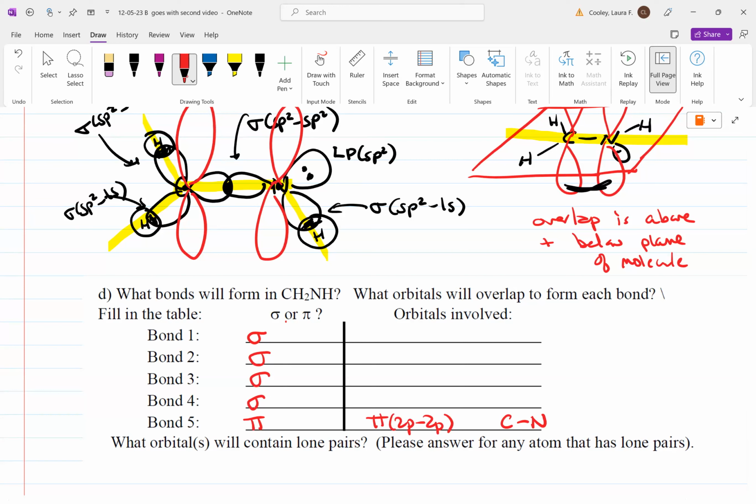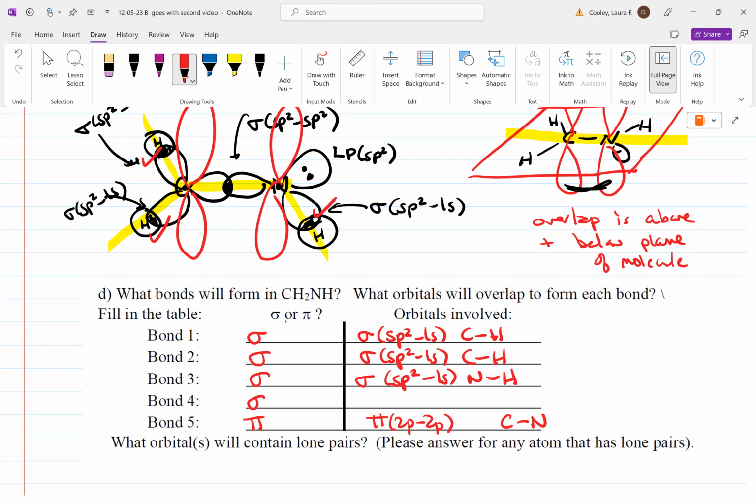We had two of these were sigma sp2 1s between carbon and hydrogen. That is this overlap and that bond and that bond, the two checked ones. Then we have sigma sp2 1s between the nitrogen and the hydrogen.